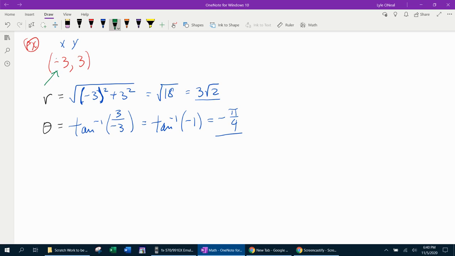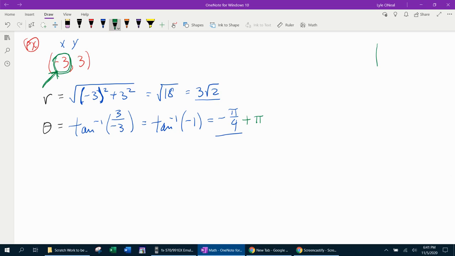Did you notice that our x is negative? Anytime x is negative, you're going to have to add 180 to theta in order to get the right angle. And I'm saying 180, that's degrees. Pi is equivalent to 180. So in this case, we're going to have to add pi to get the correct angle.